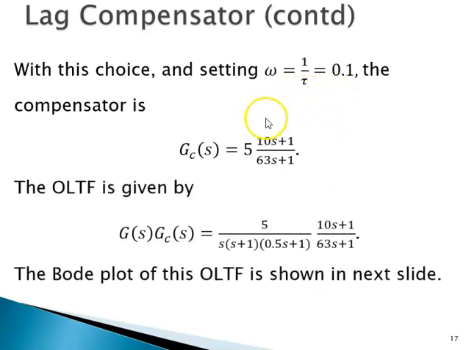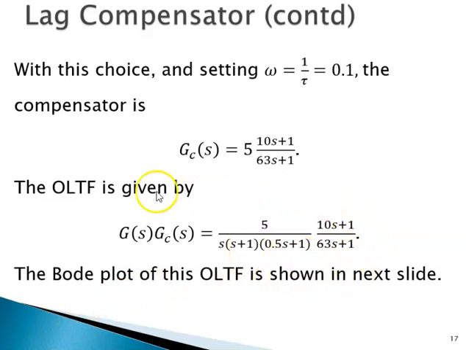With this choice of beta and tau, we see that the compensator comes out to be 5 into (10s plus 1) by (63.1s plus 1), and the open loop transfer function is G times Gc, which is all this.